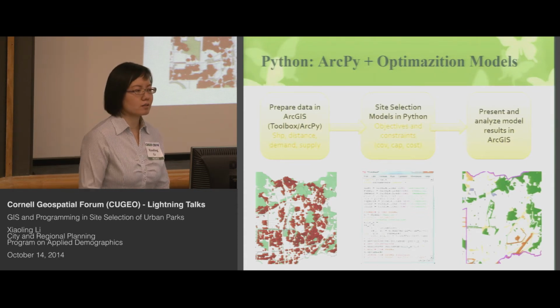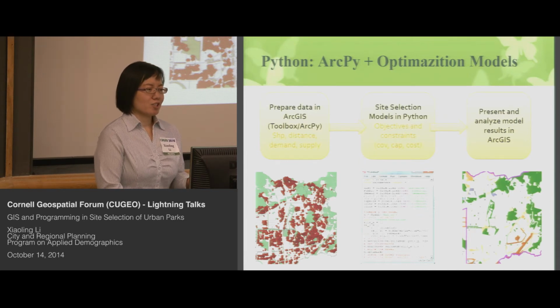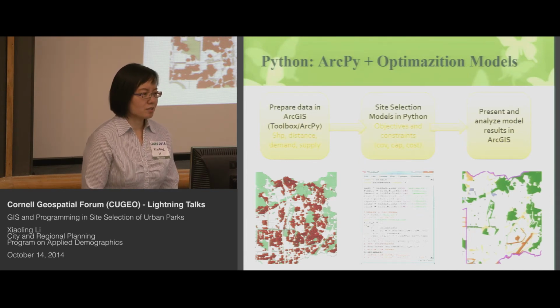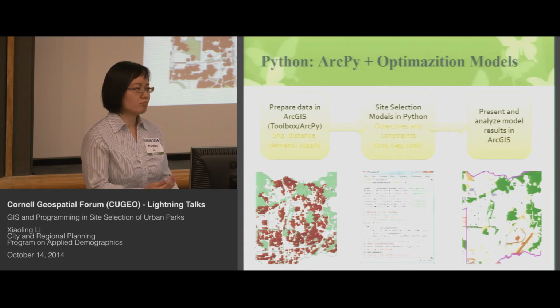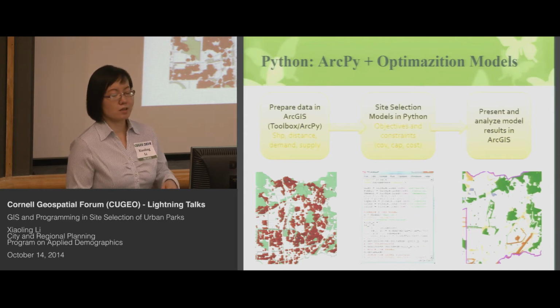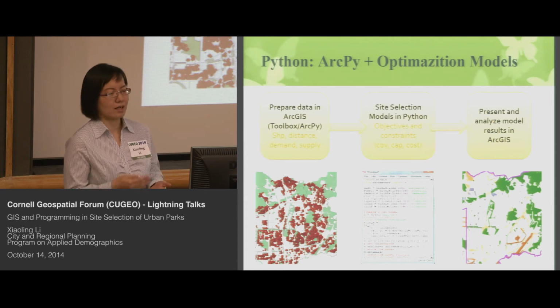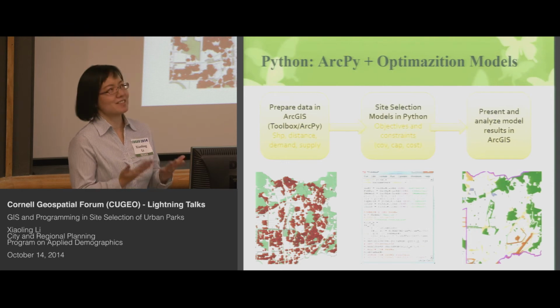And I use Python, taking advantage of the ArcPy site package in Python provided by ArcGIS. So the simple steps are, I prepare the data in ArcGIS using our toolbox or ArcPy. I first identify the demand points as residential sites, and then the parks as the supply.